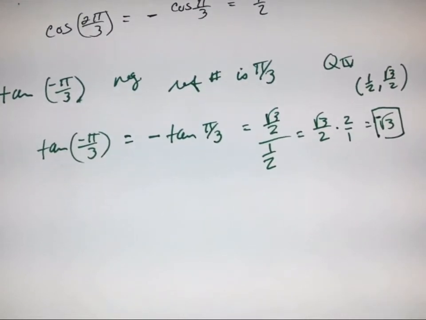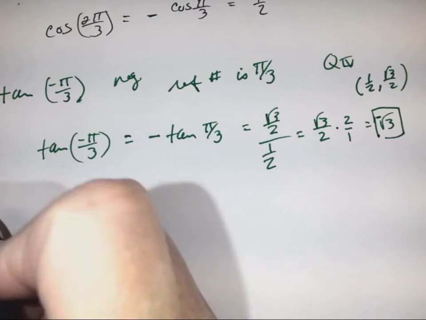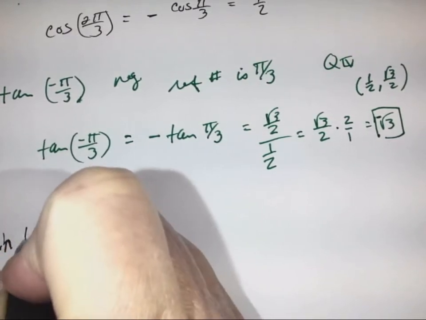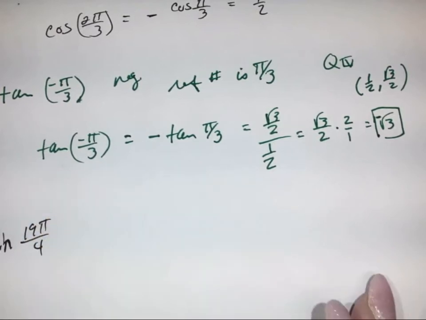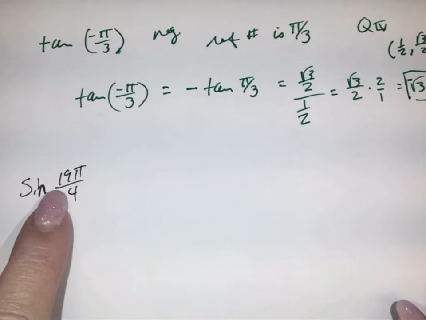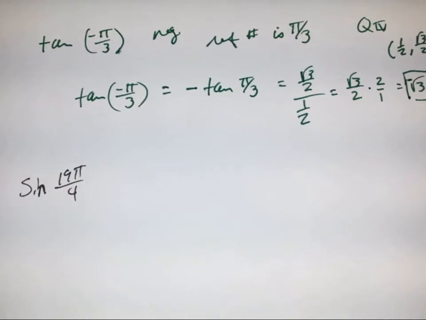All right, let's look at the sine of 19 pi over 4. How many times does 4 go into 19? Well, it goes in 4 times. 4 times 4 would get us to 16.